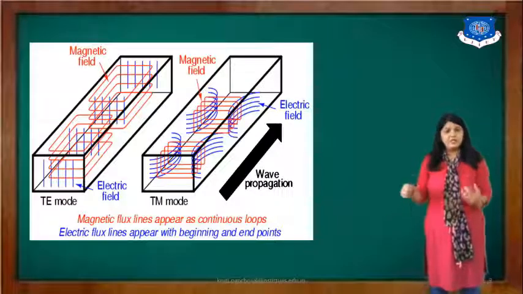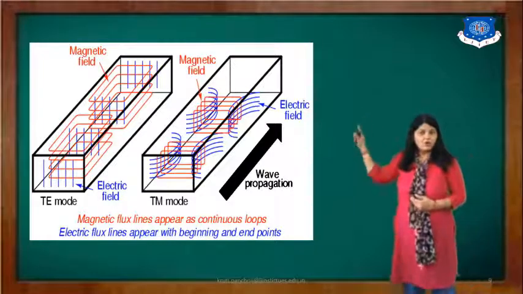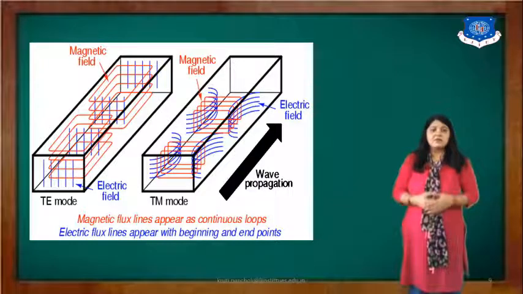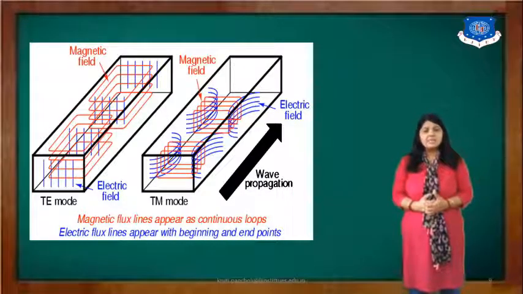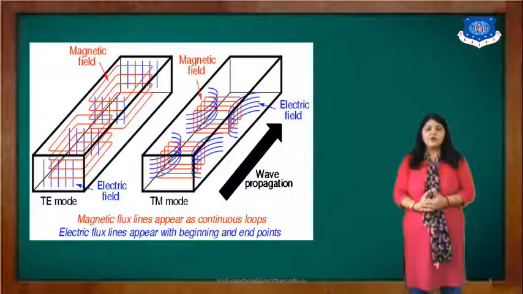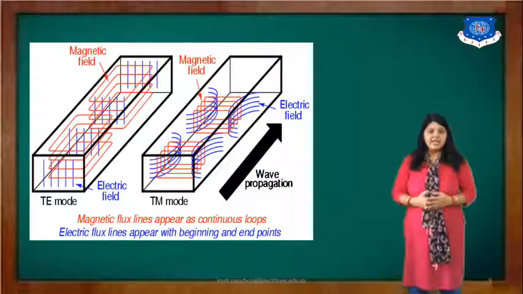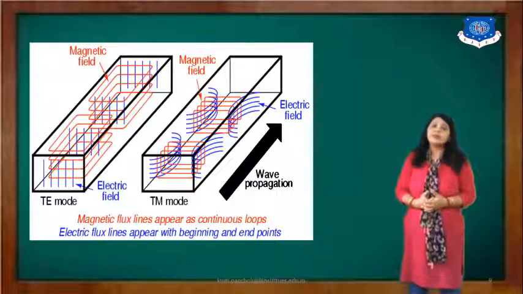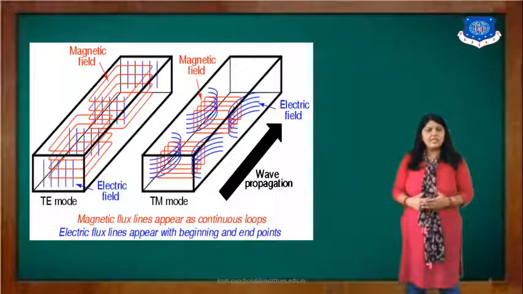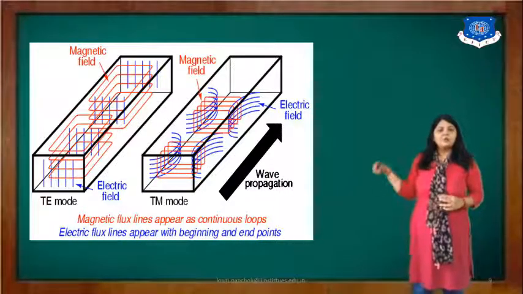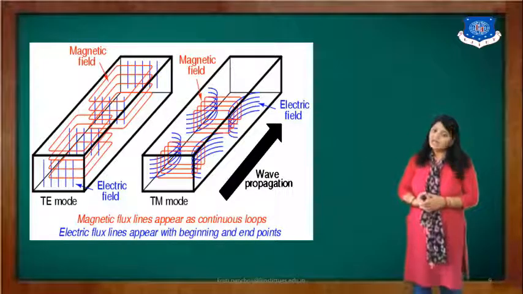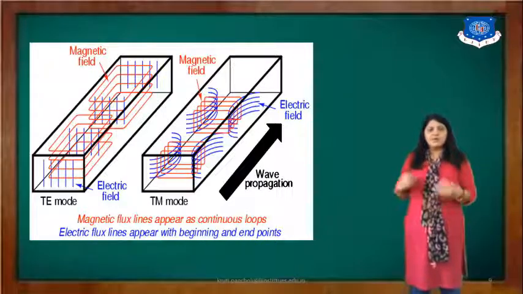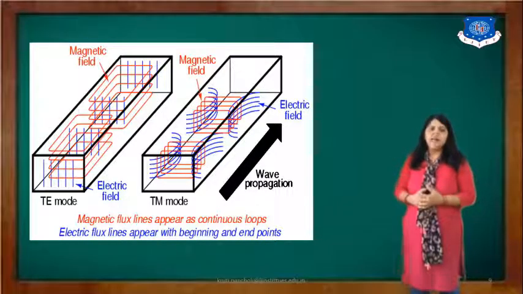So now, here in the diagram, you can see how the electric lines and the magnetic lines appear in case of the microwave transmission line in the waveguide. In the first diagram, the TE mode, we can see how the magnetic flux lines appear as a continuous loop, and electric flux lines appear with beginning and end points.